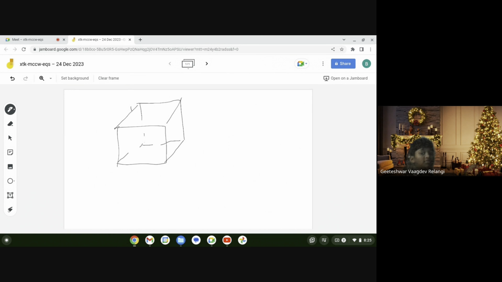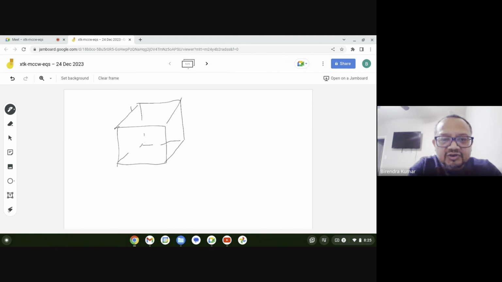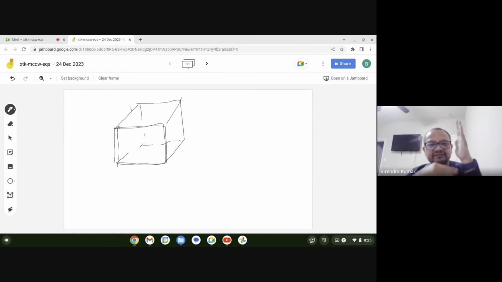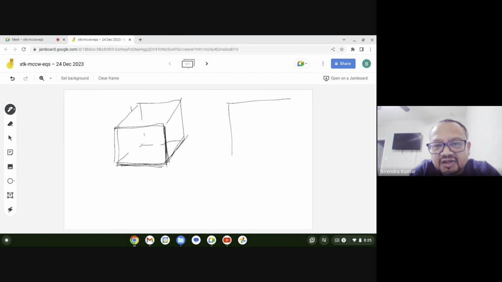So a cube is nothing but a three-dimensional shape, meaning it has length, width, and also height. If you call this length, this width, this is height. So this has three dimensions. So far, whatever we saw was two-dimensional, with length and width.